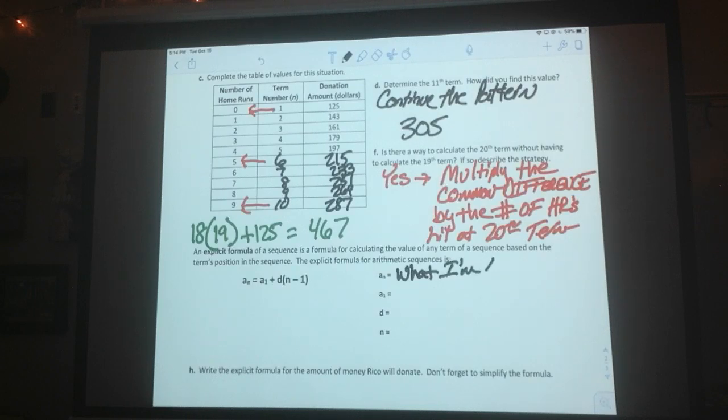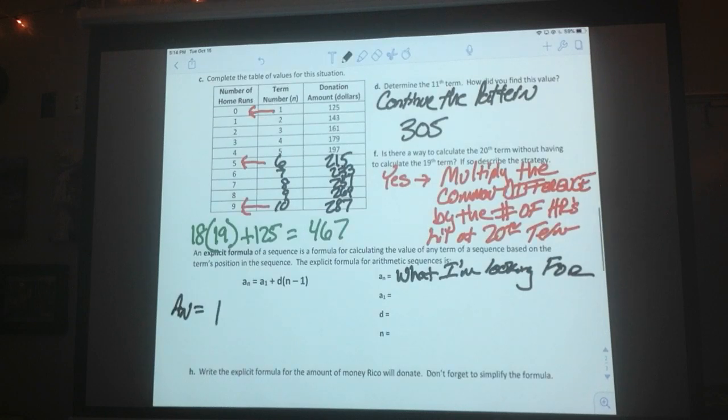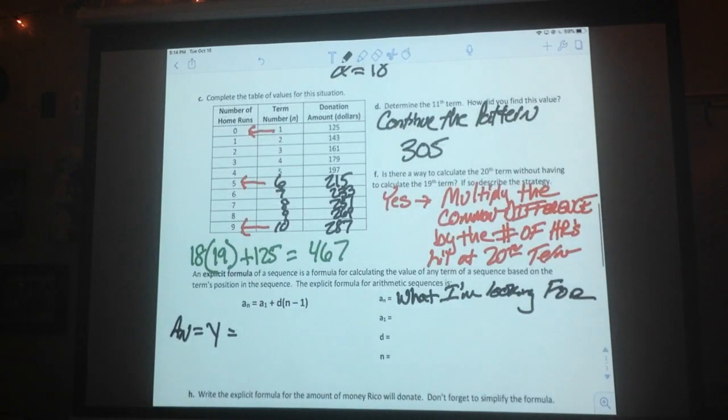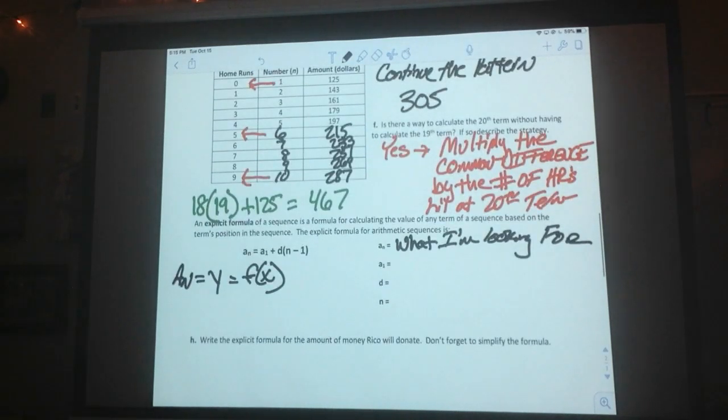That's basically saying A of n is like equal to y, which is equal to f of x. Okay? It's what I'm solving to find. Like in the one problem up here, 467 is what I was looking for.